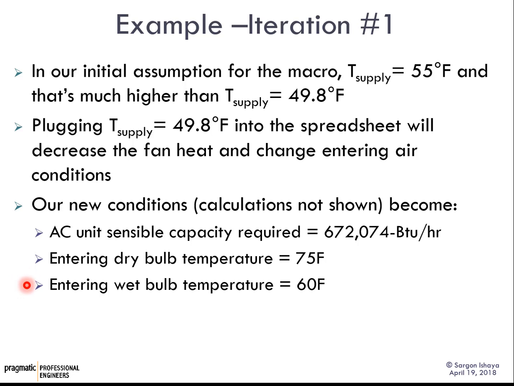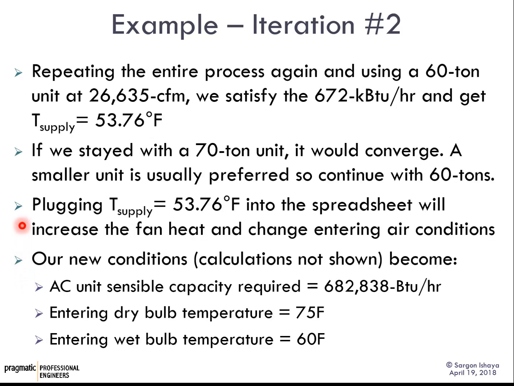So we go back in to the catalog, but this time we realize that we can use a smaller unit. And so let's go to the 60-ton unit. We repeat the process again, and we realize that the 60-ton unit can satisfy our load at 26,635 CFM. We resolve for the supply air temperature like we did before, and we get 53.76.